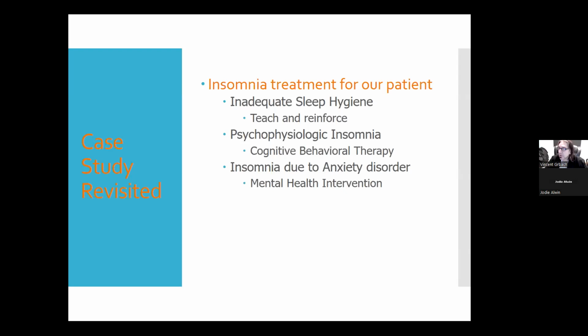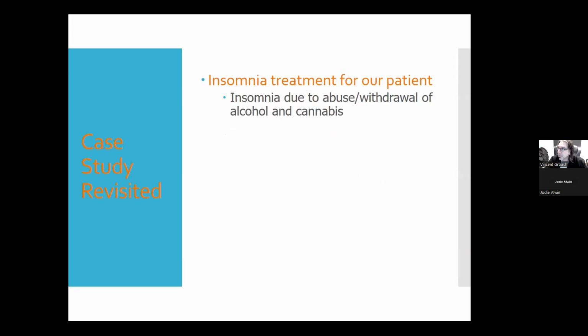For insomnia due to anxiety disorder, I've insisted to the point where she now has a mental health practitioner. She has a social worker and a doctor, and we're thinking about medications. For paradoxical insomnia, there's no treatment, but hopefully this can resolve spontaneously when she's sleeping a little better.